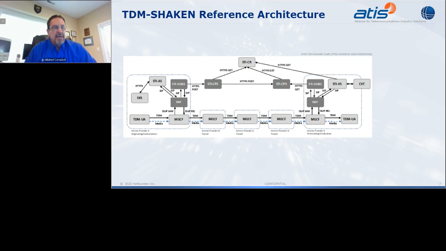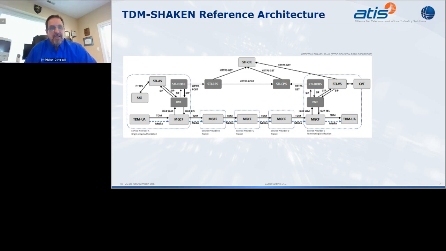The idea of TDM SHAKEN, or extending STIR/SHAKEN into the TDM domain, is brilliantly simple. Normally with STIR/SHAKEN, the signature for the call, embedded in a new header called an identity header, is attached to the SIP signaling and sent through the signaling network to the other side. TDM SS7, of course, can't do that. It was never designed for that. So if you can't transport the signed identity header via signaling, why not pass it through an out-of-band cloud repository?